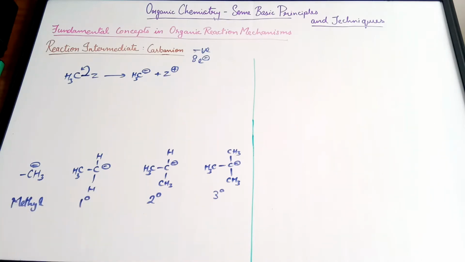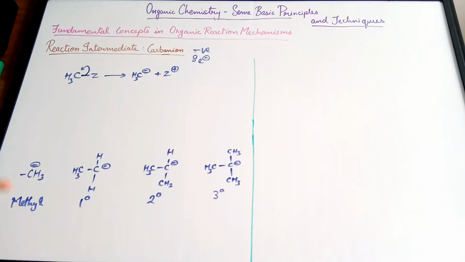Now if you remember, when we were talking about carbocations, we talked about the inductive effect. The inductive effect made sure that the positive charge on the carbocation was dispersed, and that in turn stabilized the carbocation.